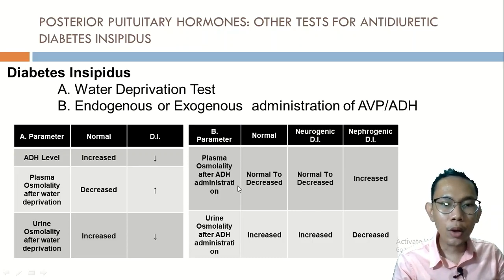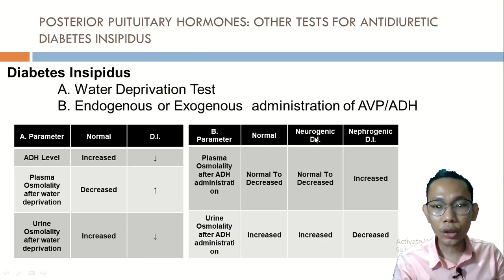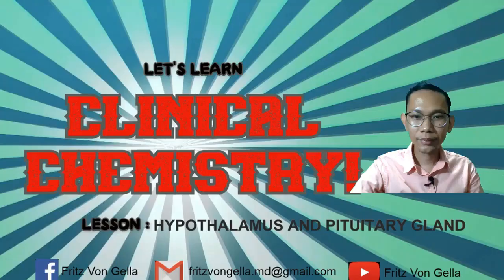For plasma osmolality after ADH administration, your neurogenic DI will have a normal to decreased response, while your nephrogenic will have an increased response. In your urine osmolarity after ADH administration, there will be an increase in neurogenic, and opposite in your nephrogenic, there will be a decrease.